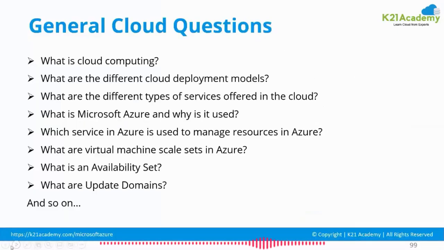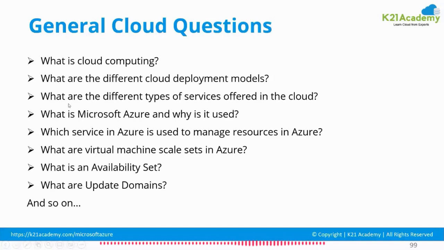Now, the general cloud questions that can come up are mentioned here. What is cloud computing? What are the different types or deployment models in cloud computing? What are the different deployment models in cloud computing, guys? IaaS, PaaS, and SaaS. Yeah. What are the different types of services offered in cloud? Now here, what will you answer? Or are the answers the same, or what do you think?